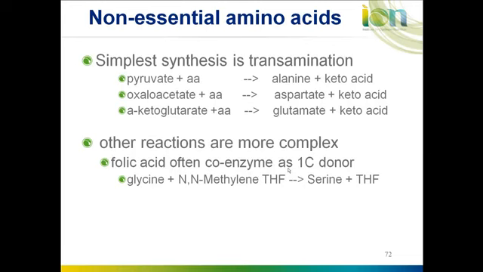So pyruvate is converted to alanine, oxaloacetate is metabolized to aspartate, and there are a lot of complex ones which involve a variety of micronutrients as well, such as methyl tetrahydrofolate from folic acid, and that's involved in the synthesis of a number of amino acids like serine from glycine. So, sounds a bit complex, but actually it's not that complex.